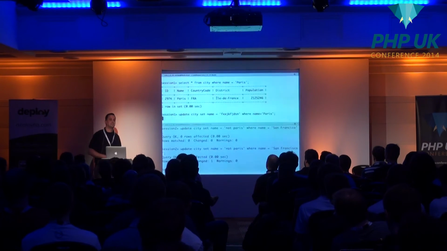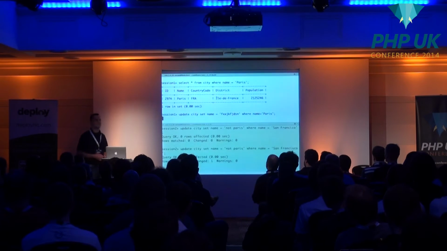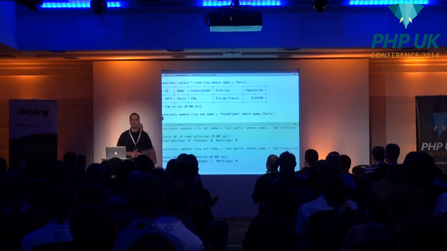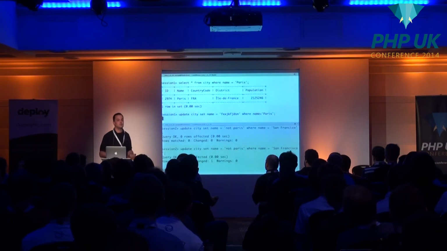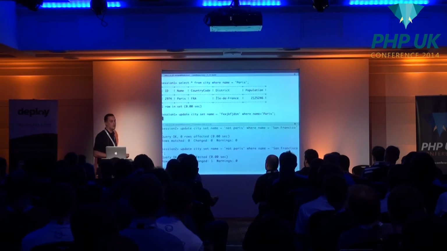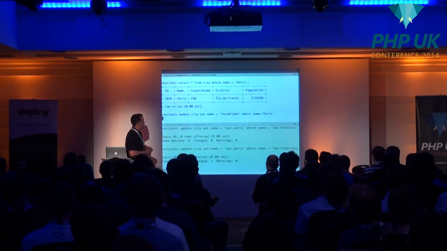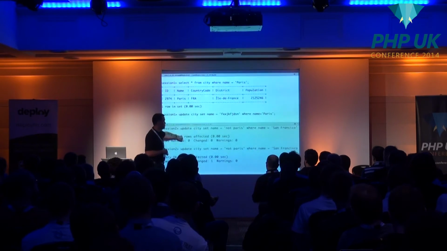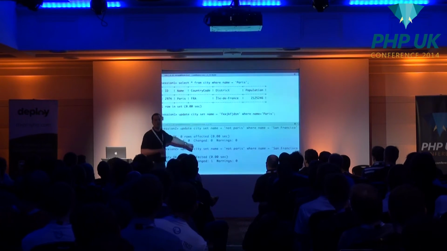Doesn't quite work. As we're making these modifications, we're actually holding row locks internally, wanting to modify that data. So in session 1, we modified London. In session 2, we modified Paris and San Francisco. In session 1, we tried to modify Paris.